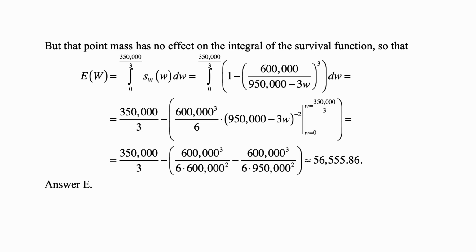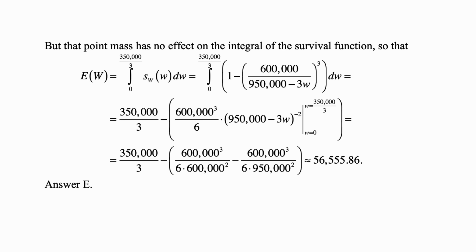You can just check that that's the function whose derivative is the integrand. And we evaluate it from w equal to 0 to w equal to 350,000 over 3, with, of course, this 350,000 over 3 which is at front there.